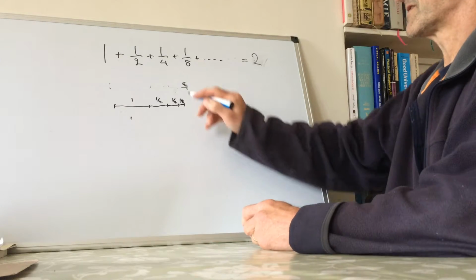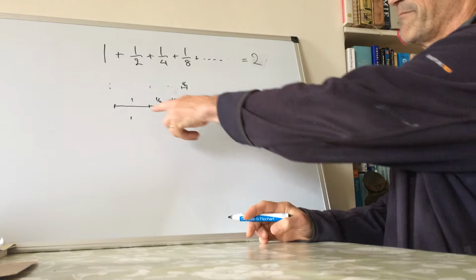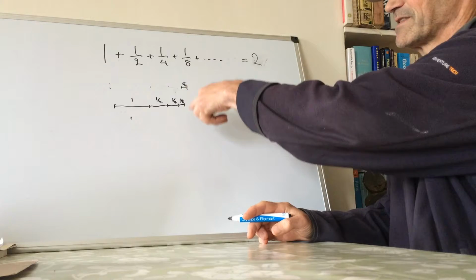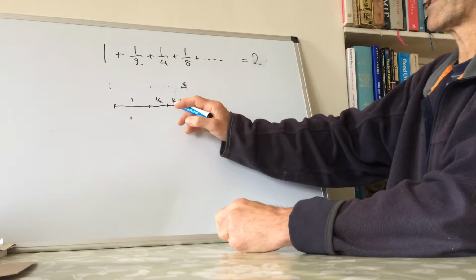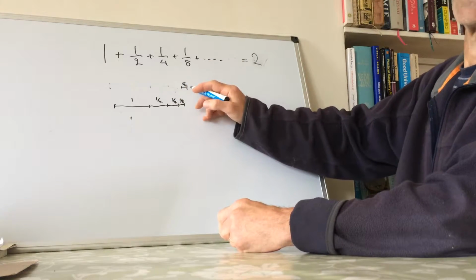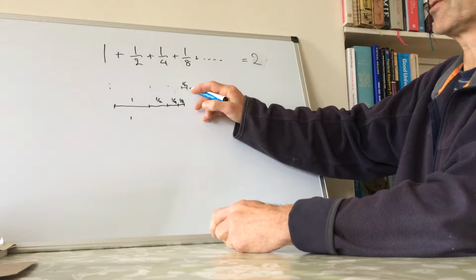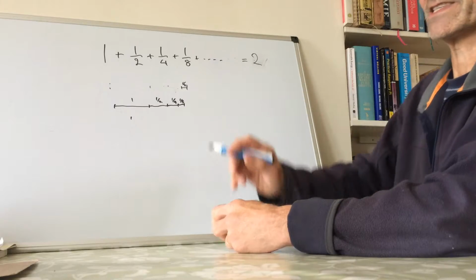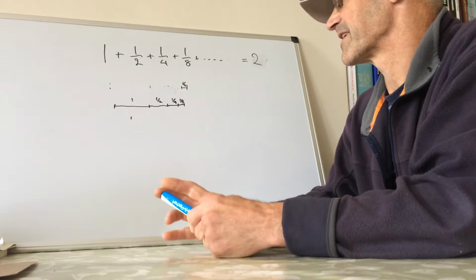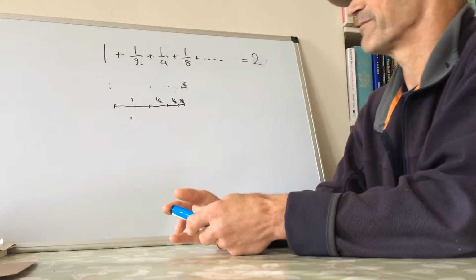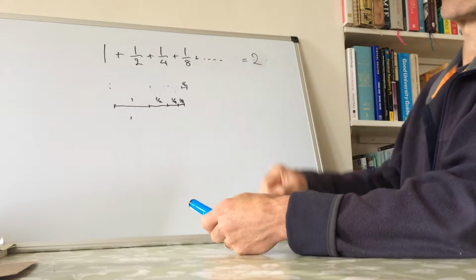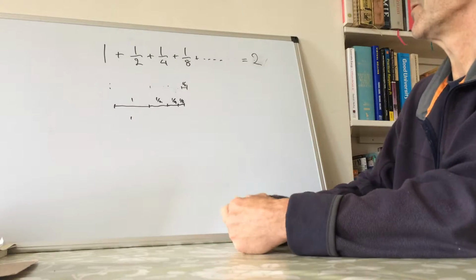So can you see that what I'm doing is I'm taking smaller and smaller chunks out of this and moving them across. So this thing's getting bigger and bigger and bigger, but it's never going to get to be equal to 2, but it'll get very, very, very close to 2 as I cut thinner and thinner slivers off there. So that's my way of seeing that the limit of this series gets arbitrarily close to the value 2.